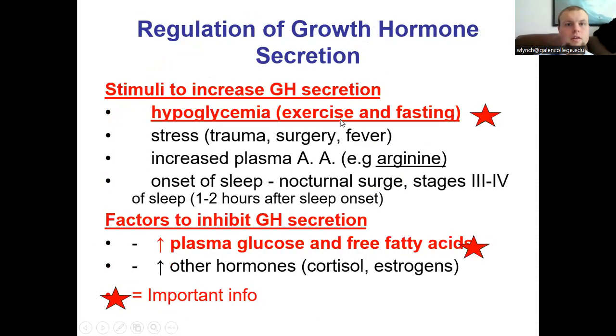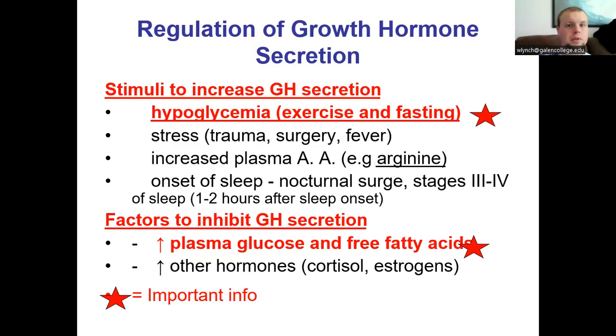All right, growth hormone secretion, regulation. Stimuli are going to be as follows: exercise and fasting, all right? If there's low blood glucose levels, which is known as hypoglycemia, then it's going to stimulate growth hormone release. Also, stress, right? Any sort of stressful thing that happens to the body stimulates growth hormone.